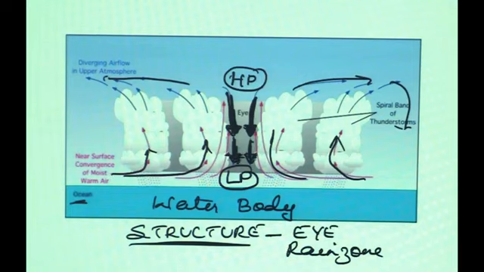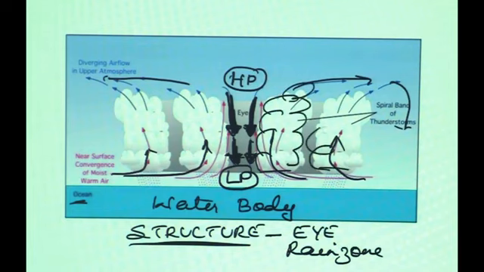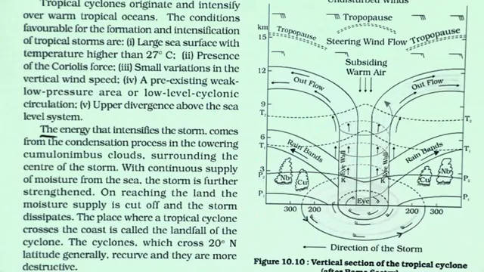It will have a weak subsiding air column and will have surrounding the eye the cumulonimbus and cumulus cloud causing heavy precipitation. Don't miss to see the rain zone here. NCERT: the energy that intensifies the storms comes from condensation process. I have told you in the beginning, release of latent heat.